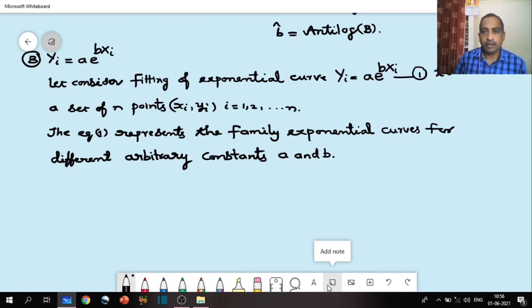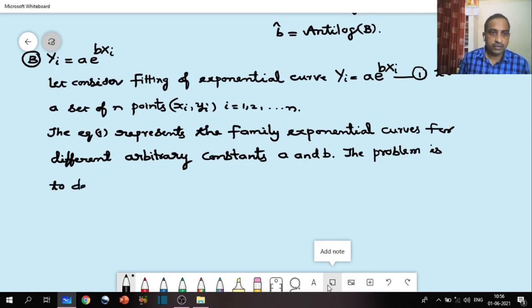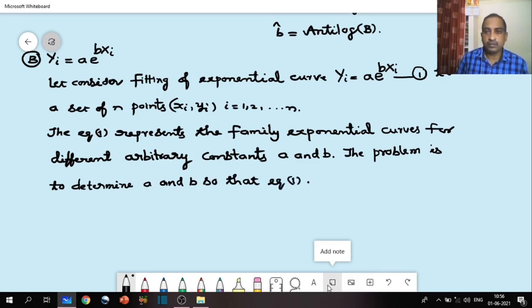So the problem is to determine a and b so that equation 1 is the curve of best fit.